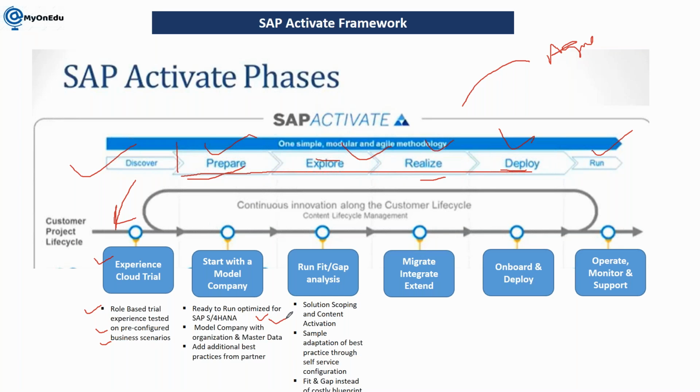So the standard company code will be taken and needs to be explained. Add additional best practices from the partner. Whatever showcases and examples you have, you need to show to your customer. So as a functional consultant, you are involved to showcase your existing system.